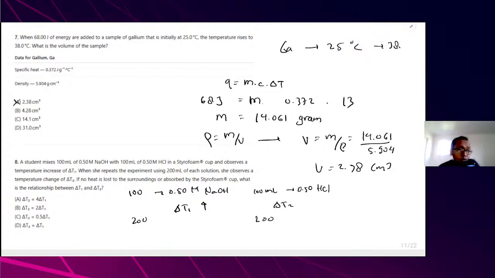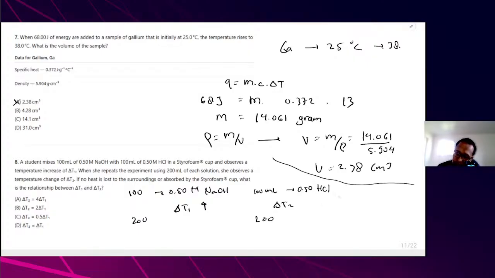Just use the same concept, Q = mC delta T. Now when you double both volumes, the amount of heat produced also doubles, because there are twice as many reacting moles, but the total mass of solution also doubles.